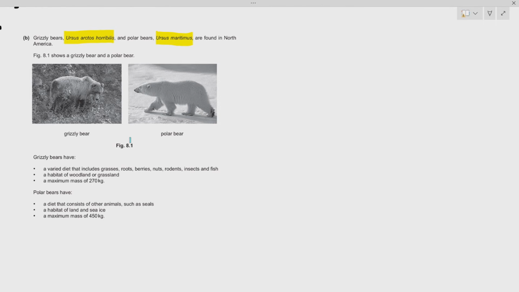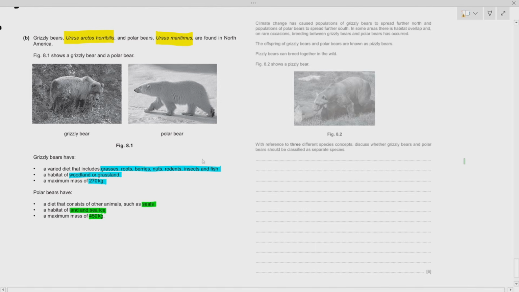So, the grizzly bears have a varied diet that includes grasses, roots, berries, nuts, rodents, insects, and fish, a habitat of woodland or grassland, and a maximum mass of 270 kilograms. Polar bears have a diet that consists of other animals such as seals, a habitat of land and sea ice, and a maximum mass of 450 kilograms.